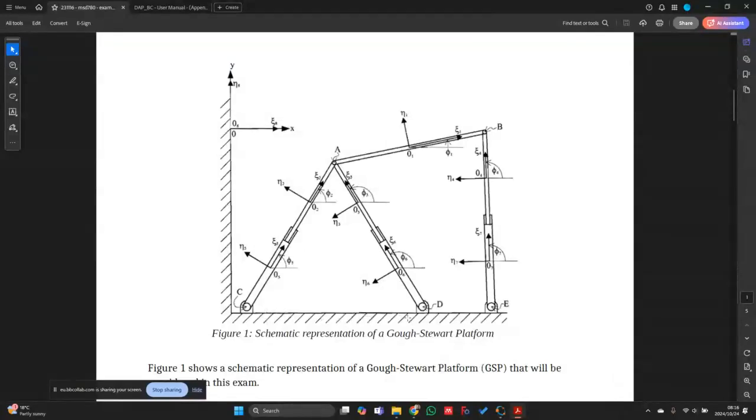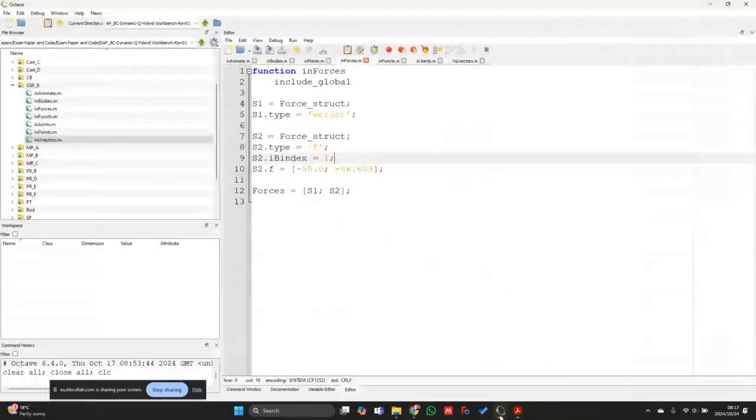Okay, so in total, I have 1, 2, 3. At point A, it's going to be 2 revolute joints. One between body 1 and 2, one between body 1 and 3. So there is 1, 2, 3, 4, 5, 6 that I have to go and specify.